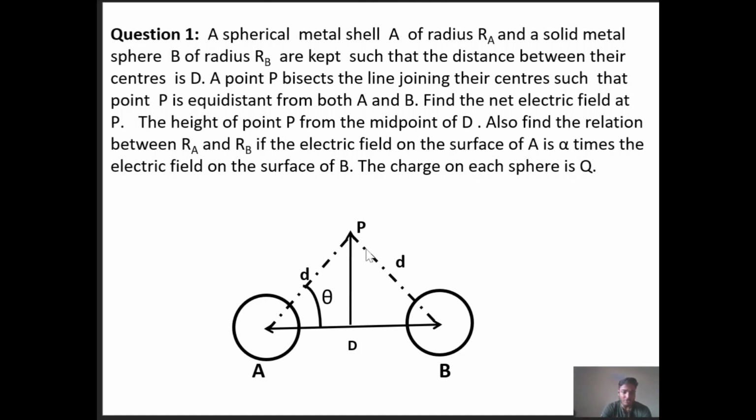So we need to find the net electric field at this point P, the height of this point P from the midpoint of this line, and the relation between the radii of these two spheres if the electric field on the surface of A is alpha times the electric field on the surface of B.